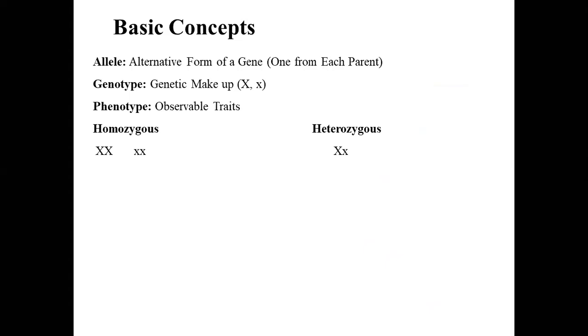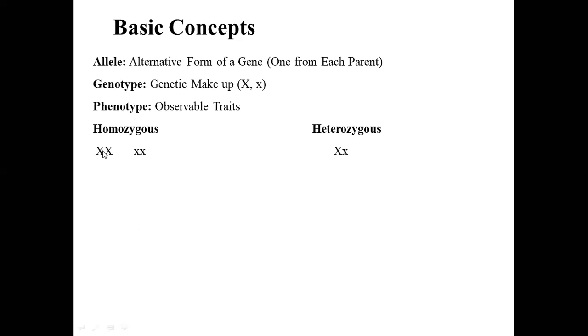You can also represent it with any other letter, but there should be a differentiation of capital and small. And phenotype is the observable trait. If there is any genetic change or genetic alteration, that is known as genotype. And if there is any observable or measurable change, that is a phenotype.